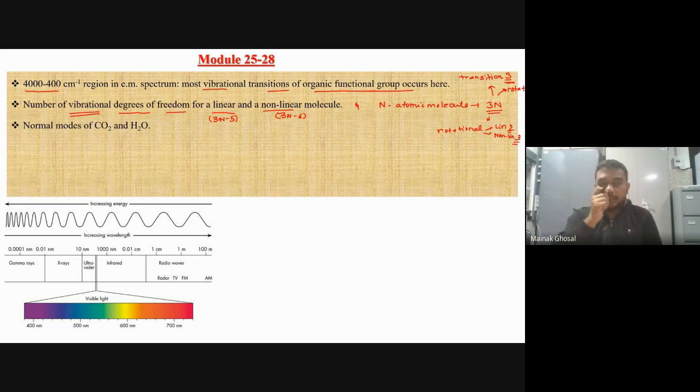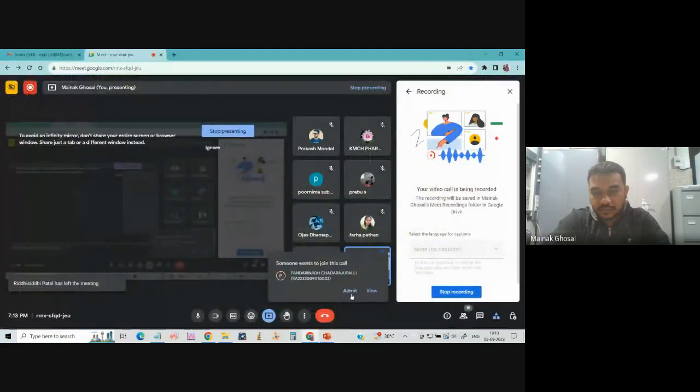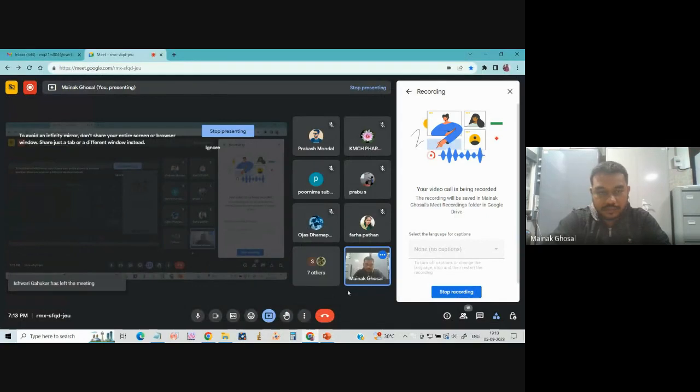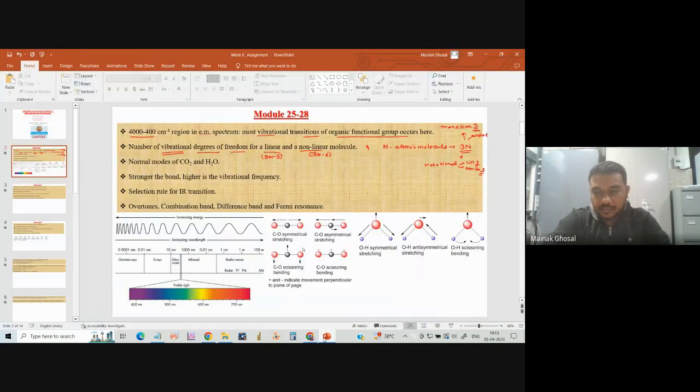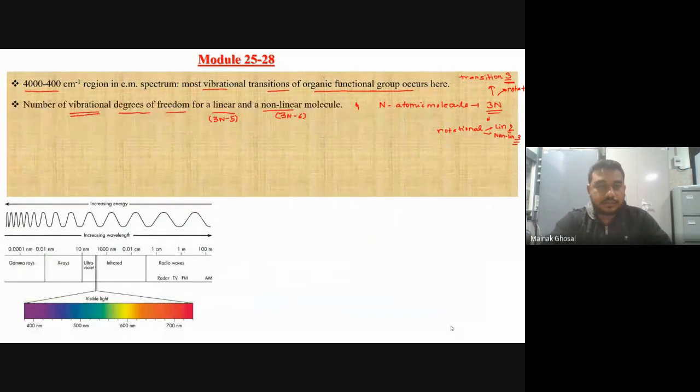Now we come to normal modes of CO2 and water. So normal modes for CO2 and water we are seeing here.